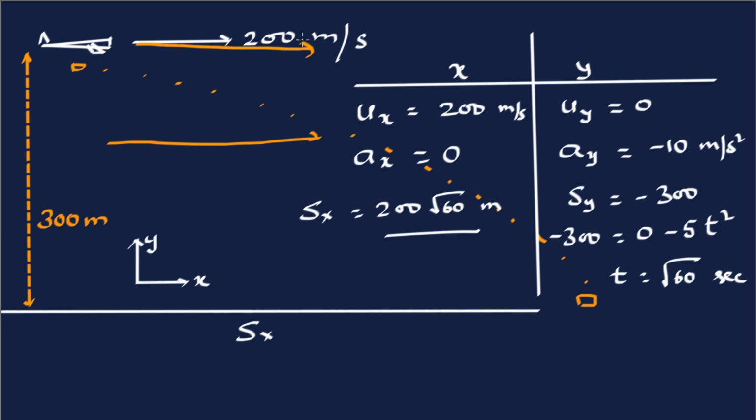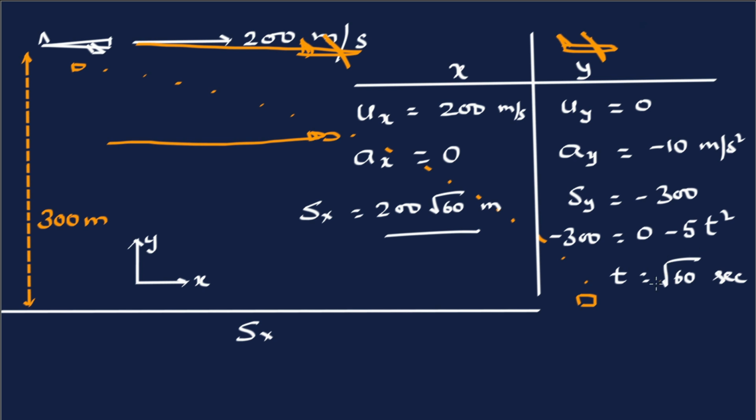So at all times, wherever the plane is located, the bomb will be directly beneath it. So when the bomb lands on the ground, the plane will be directly above it unless the pilot takes evasive action. So if you're a pilot and you're going to drop a bomb, after releasing the bomb, take evasive action. Otherwise, the bomb is going to explode right beneath you.